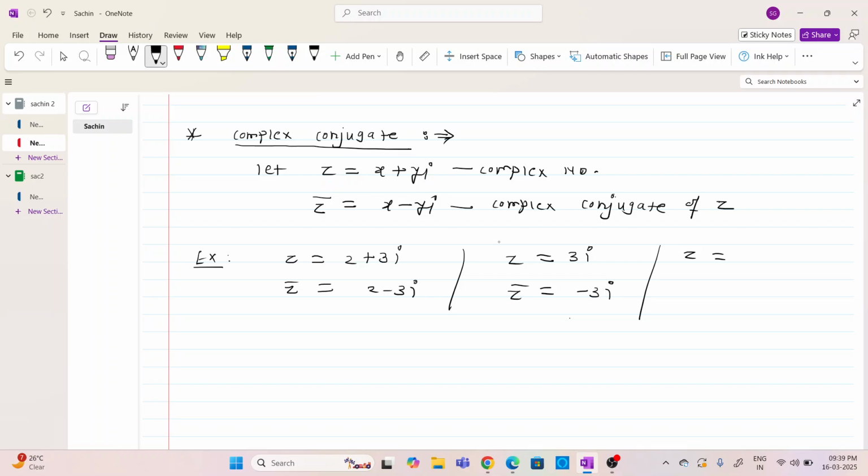Suppose z is equal to 2, that is a real number, then its complex conjugate is 2. Means, suppose if you have any real number, then its complex conjugate is the real number itself. Okay, so this is all about the complex conjugate of a complex number.